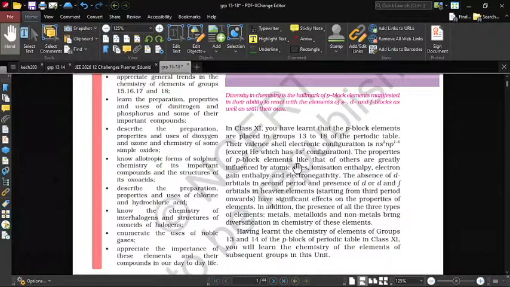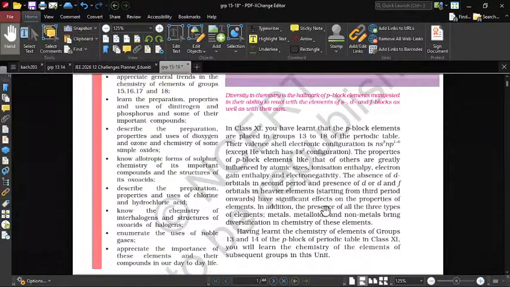The properties of p block elements, like that of others, are generally influenced by atomic size, ionization enthalpy, electron gain enthalpy, and electronegativity. The absence of d orbitals in second period and presence of d or d and f orbitals in the heavier elements, starting from third period onwards, have significant effect on the properties of elements.